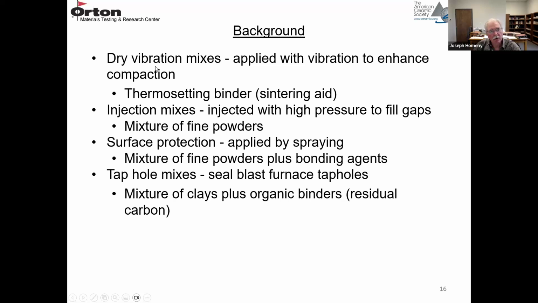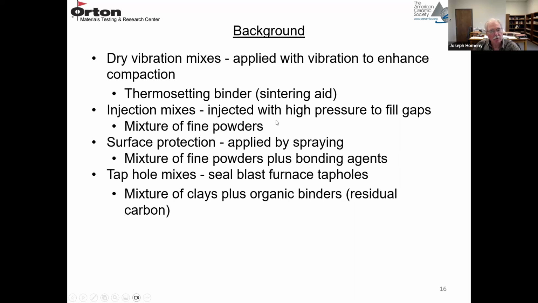So these dry vibratables, the particle size is adjusted so that when they're vibrated, they compact to a very dense material. They're thermosetting. So there's a sintering aid or binder that helps form the ceramic bond at high temperatures.